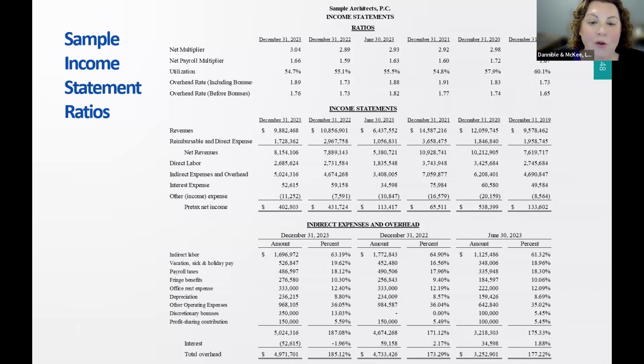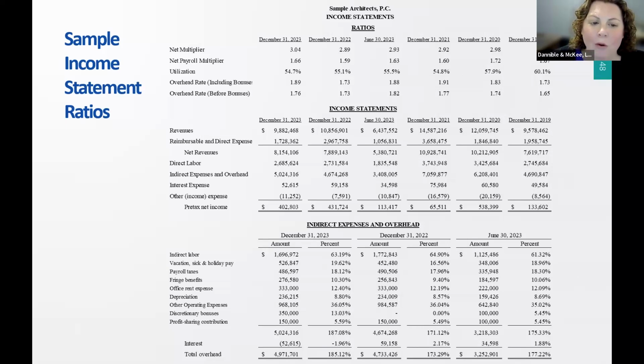And again, if you have discretionary items that you want to add a line into, you should do that and create more lines. I ran out of space here. And then personally, I like to add a little bit more value to that high-end number of the overhead or indirect expenses.